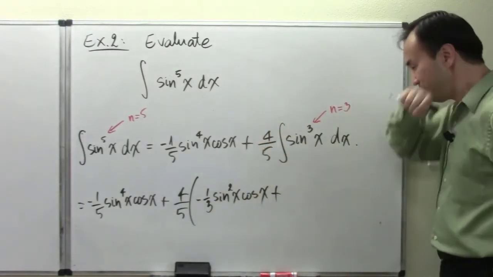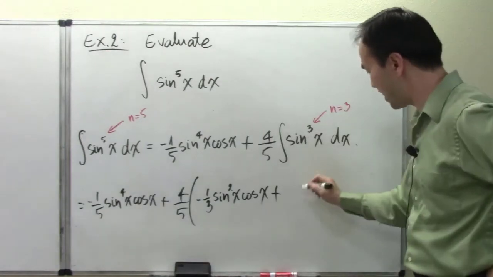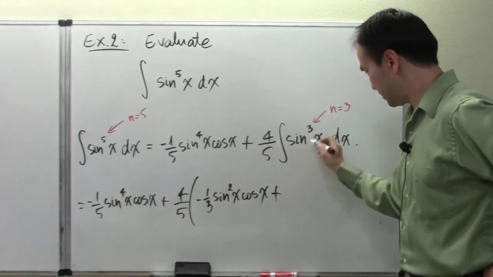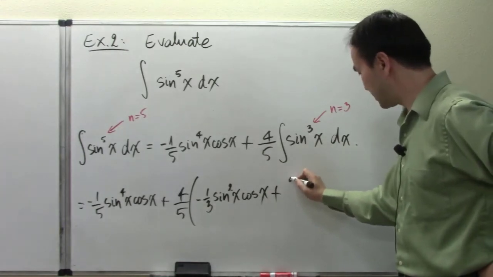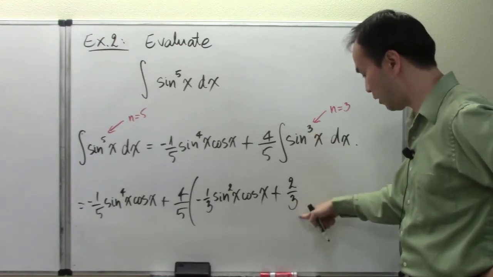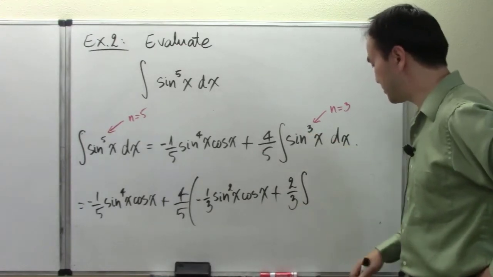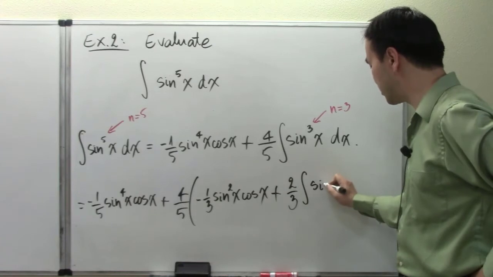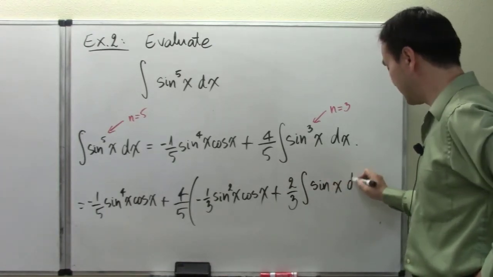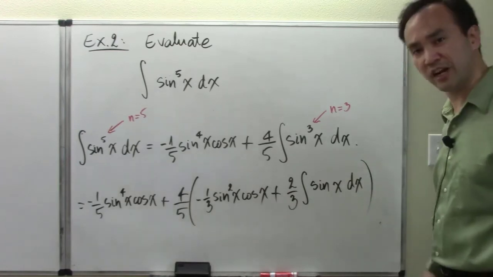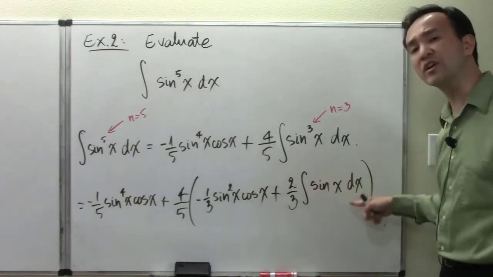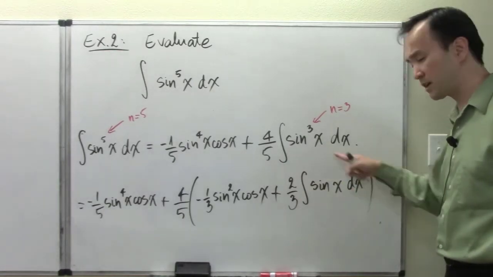Everything here is inside a big pair of parentheses with the 4/5 in front. The reduction formula I'm applying is only for the integral of sine cubed of x. In this way we reduce the power. This becomes 2/3, because n is 3, so n minus 1 over n, times the integral, but now the power is reduced to just sine of x to the power 1. That's what is meant by reduction formula. In every step, it keeps reducing the power of the remaining integral.